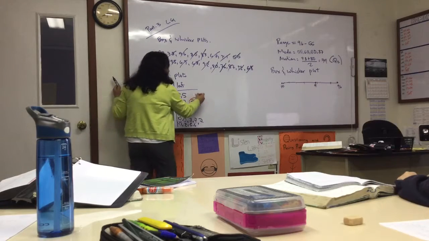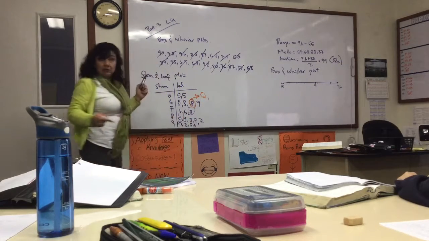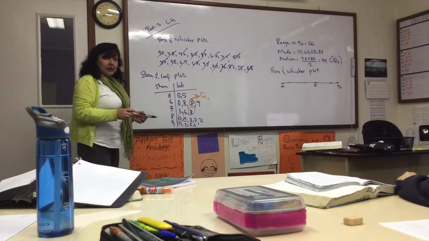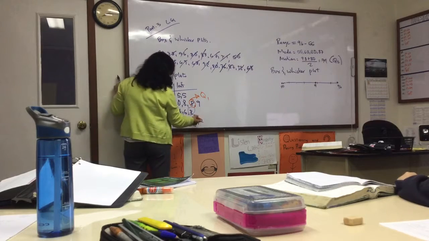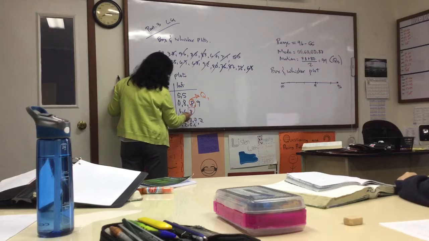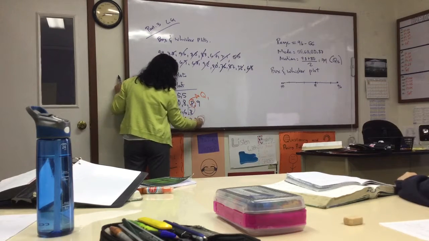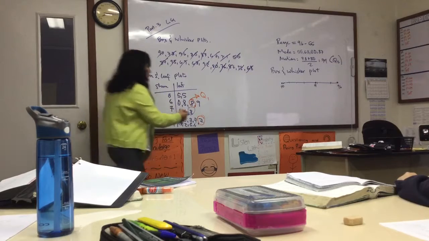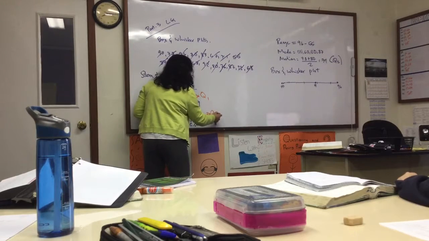So this one here is going to be my first quartile. And I do the same with the other one. Here. 1, 2, 3, 4, 5. That's going to be my third quartile. Does that make sense?